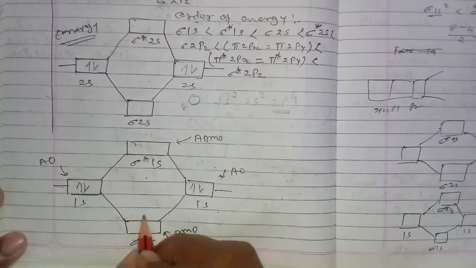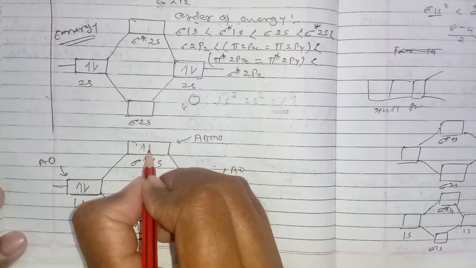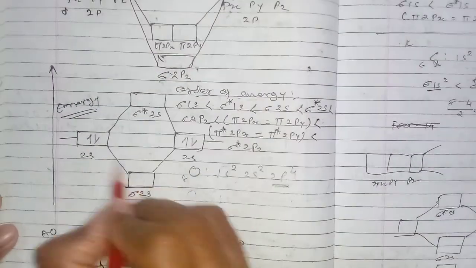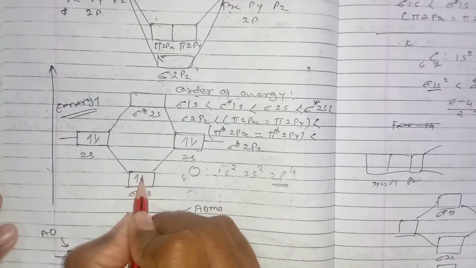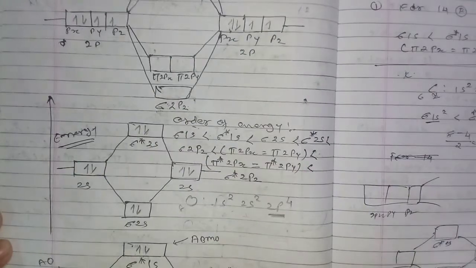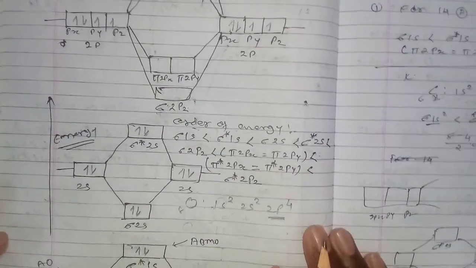Bonding molecular orbital, 1 electron, here also 1 electron. Now in 2s, 1 electron, and in antibonding 1 electron, so total 2 electrons.